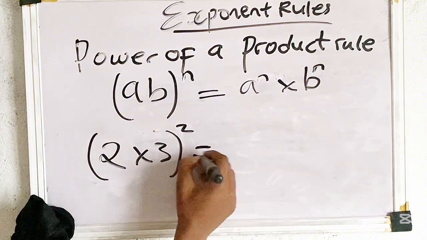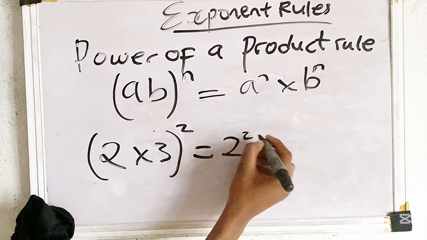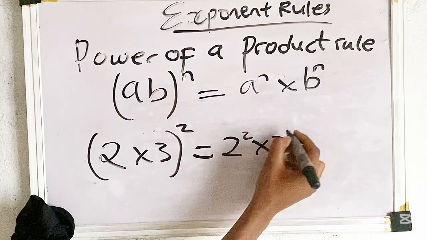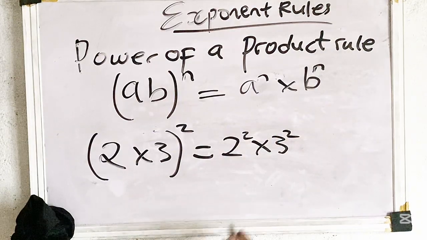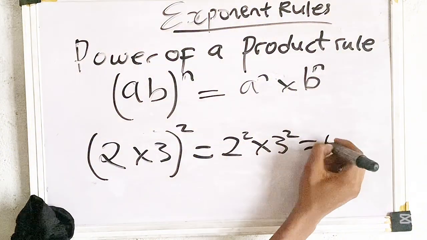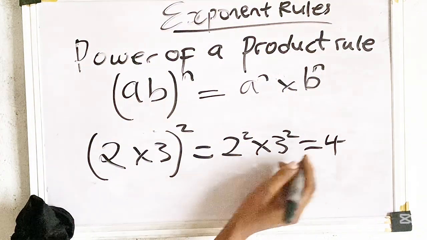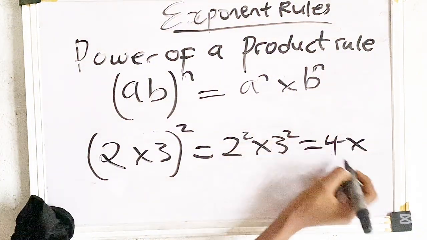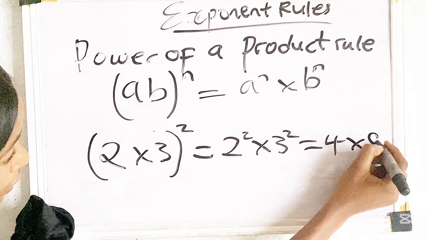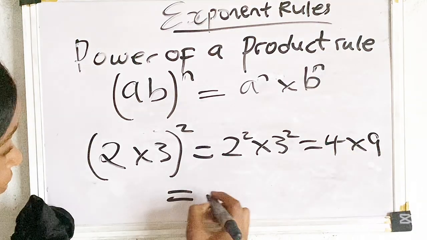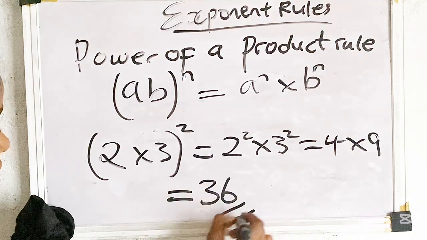It becomes 2 raised to the power of 2 times 3 raised to the power of 2. 2 raised to the power of 2 will give us 4, times 3 raised to the power of 2 will give us what? 9. 4 times 9 becomes 36.